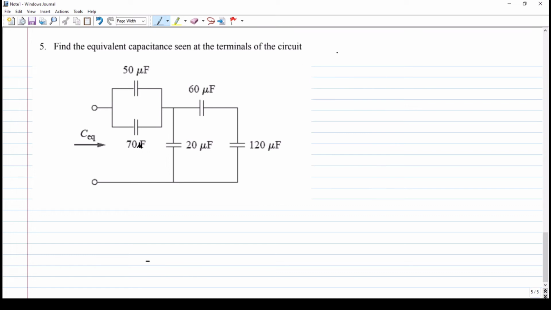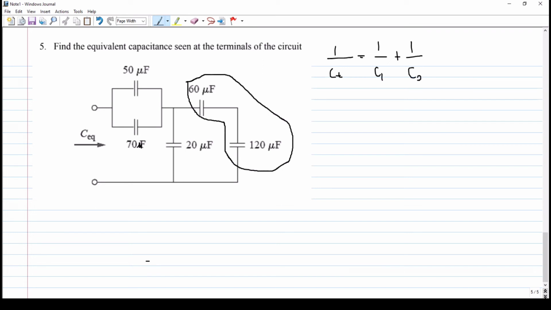Okay, so don't forget that for capacitors in series, 1 over C total, or capacitance total, is 1 over C1 plus 1 over C2. Okay, so therefore we start here to compute on the circuit, and that is an easy way to do in solving this schematic diagram.